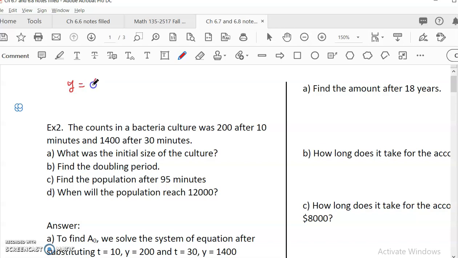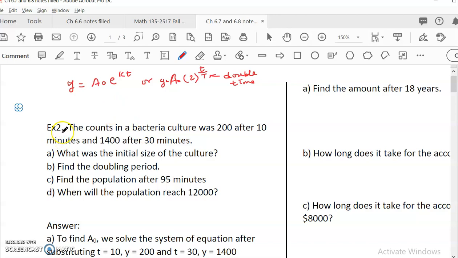Either y equals a0 e to the kt, where k is the continuous growth rate, or if you know the doubling time, y equals a0 times 2 to the power t divided by the doubling time. So sometimes they tell you how long it takes for them to double, then you would use this model. Otherwise, you get that. Now, sometimes you don't have any of them.